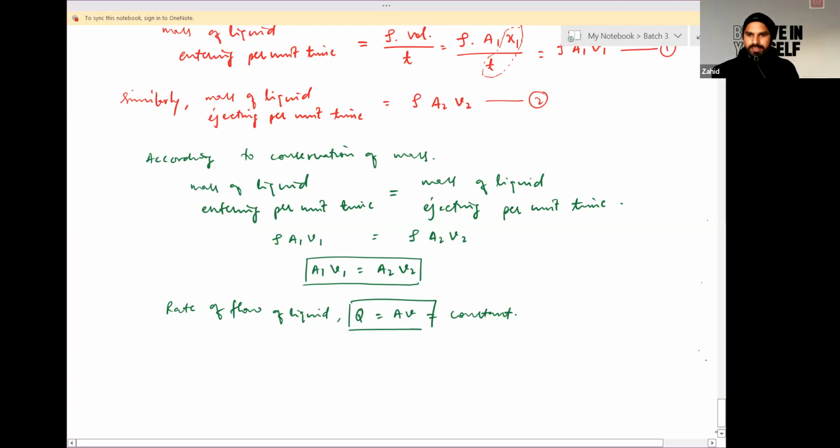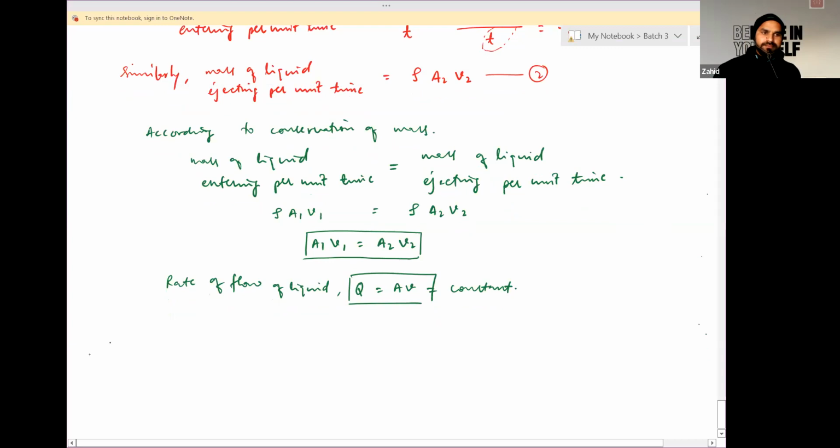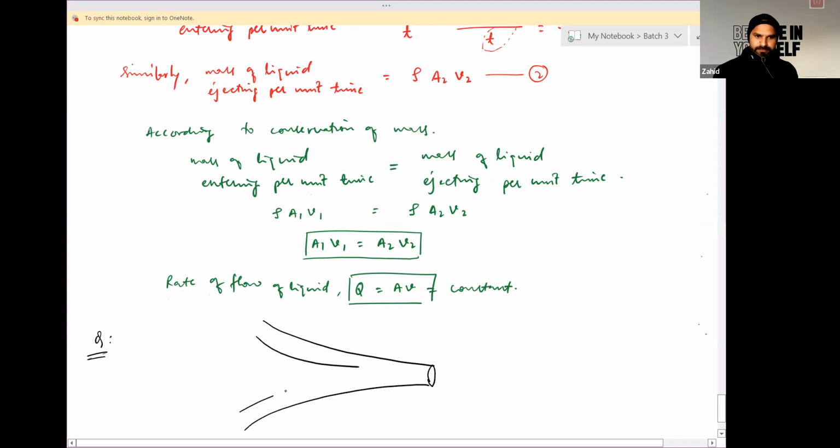Now, let me give you a question related to this. Suppose you have a tube, this having area A, this having area 2A, in which liquid is flowing at 5 meter per second, and this part at 4 meter per second.